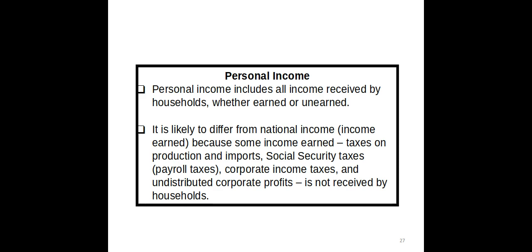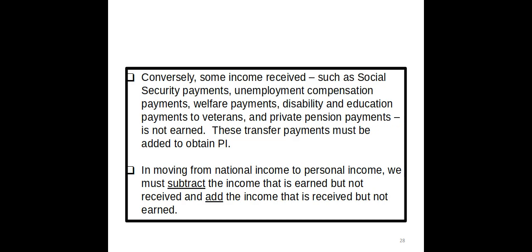Earned income is our wages, what we're getting from employment and things like that. Unearned income is things like welfare, disability, education. Social Security is technically considered not earned, even though most of us have been contributing our entire life.